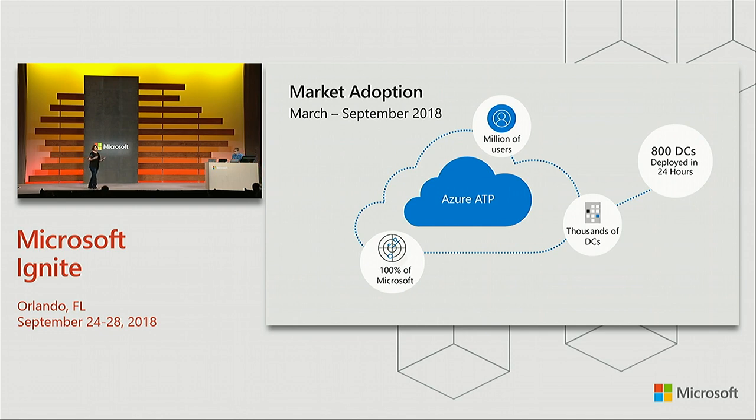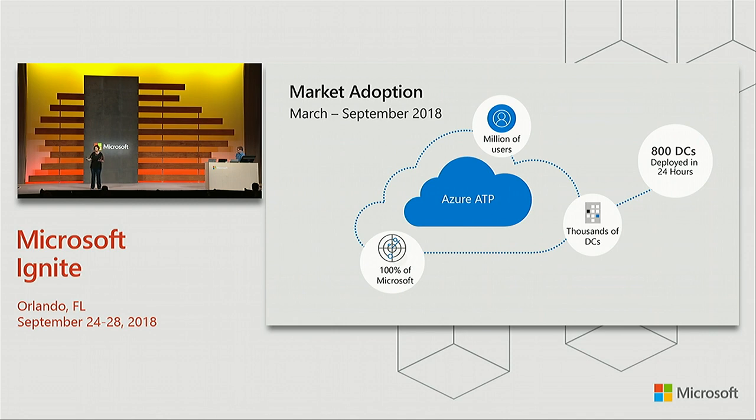So how's it been going in the last 6 months? Fabulously, actually. We've had a lot of customers deploy Azure ATP. Azure ATP is currently protecting millions of users. One of the comments that we get often from our Azure ATP customers is this is so easy to deploy. It's very easy to put it on your domain controllers and start to get value very, very quickly from Azure ATP.